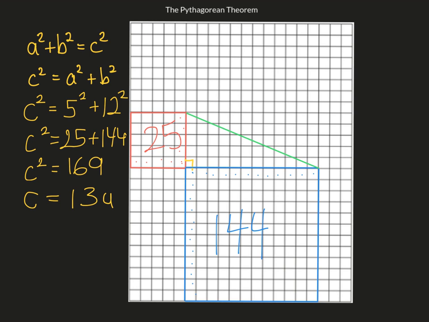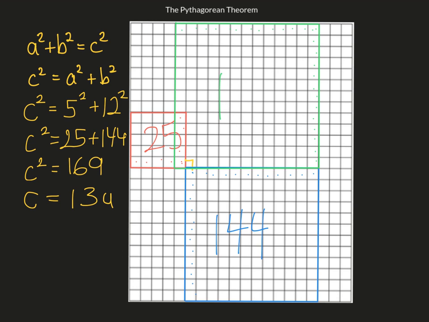So let's show that this is true. Let's take the green side, which is the hypotenuse, and stand it up. And now make a square with it. And let's count it out. 1, 2, 3, 4, 5, 6, 7, 8, 9, 10, 11, 12, 13 long, and by 13 wide.